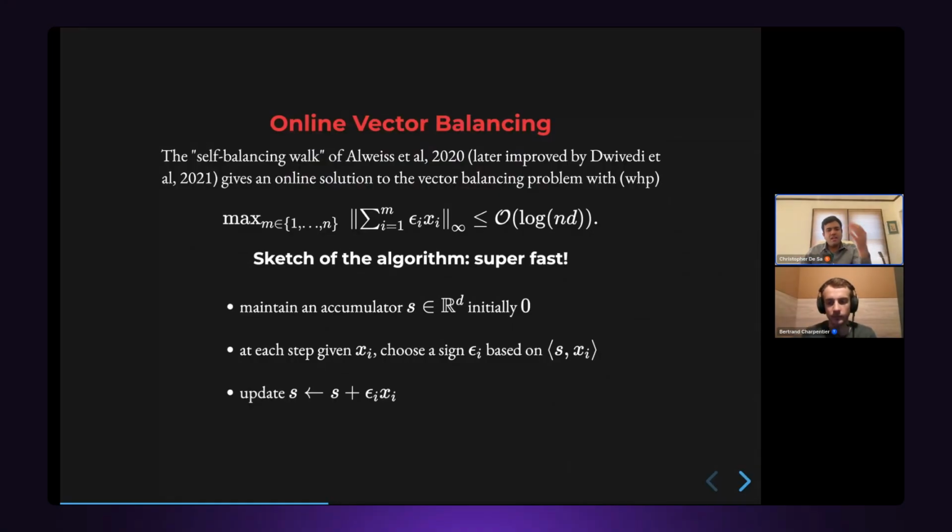And what kind of surprised me about the online vector balancing algorithm is that linear feedback, some linear difference, actually suffices to get the optimal convergence rate there. And that started to make me think, well, if linear feedback works well here, where else could it work well? And it turns out that even in some of these more complicated regimes where it seems like something more sophisticated is needed, you can do a lot with linear feedback.